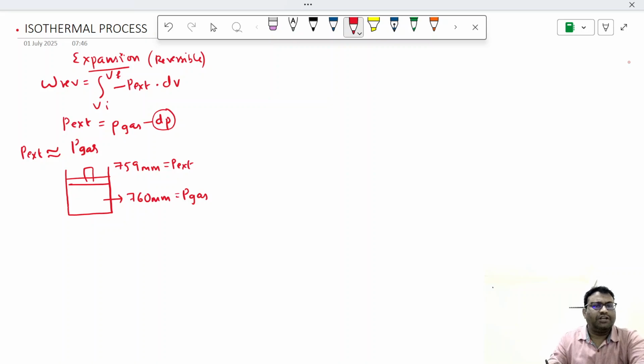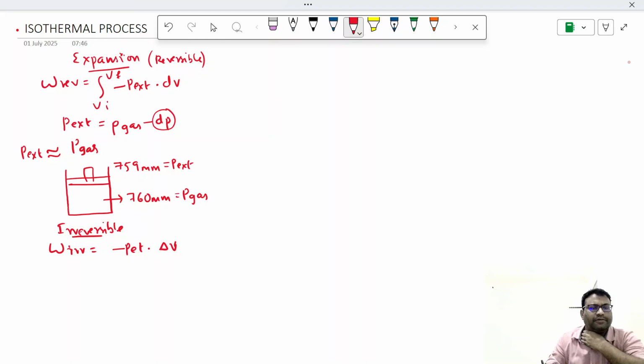Then speaking about irreversible, work done irreversible is equal to minus P external into delta V. Okay, P external. Here P external is equal to pressure of the gas minus delta P, a finite amount of pressure.